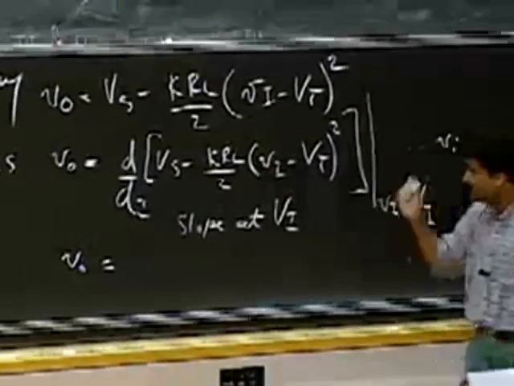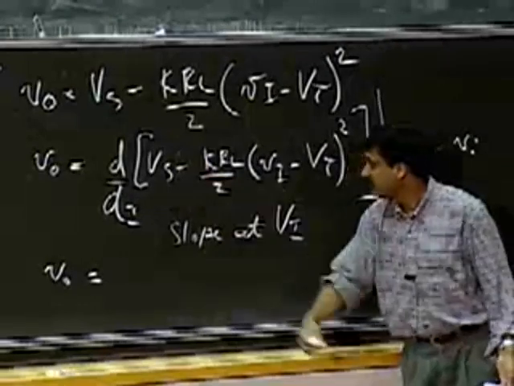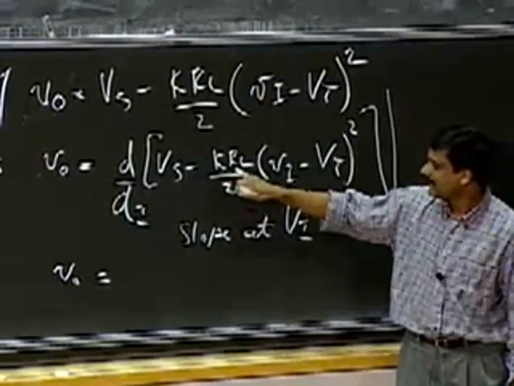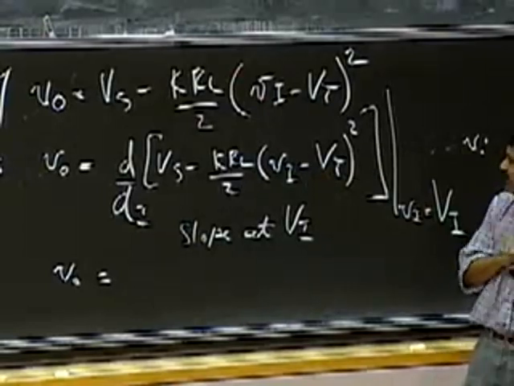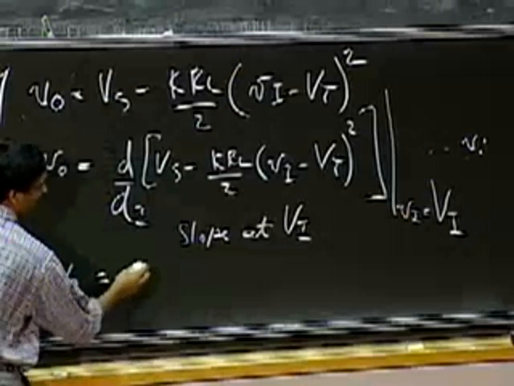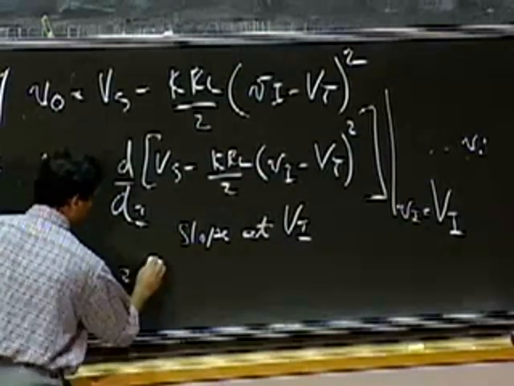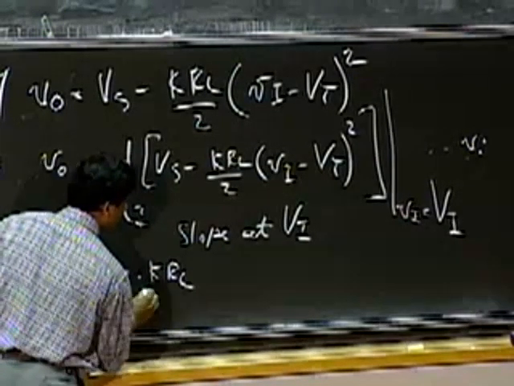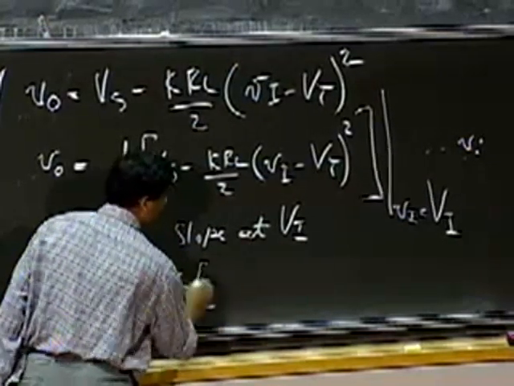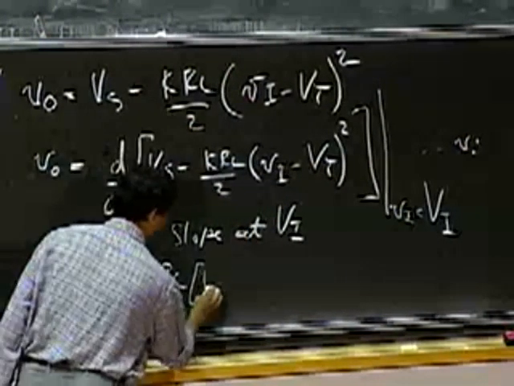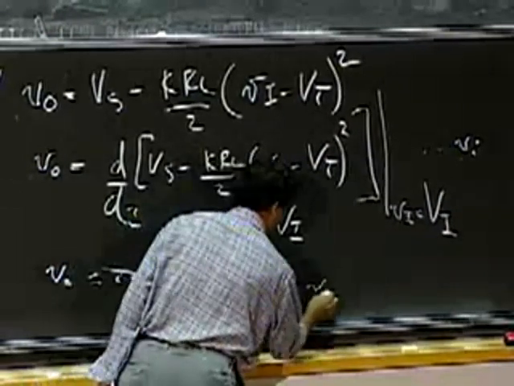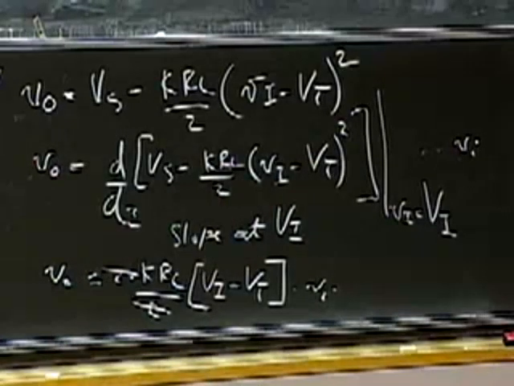Okay? And so therefore, taking the derivative here, this is a constant, so it vanishes. But twice, 2 and 2 cancel out. So I get K RL times Vi minus Vt times small vi evaluated at capital Vi. So I get twice K RL times capital Vi minus Vt times small vi.